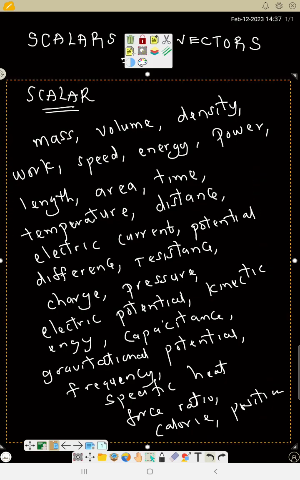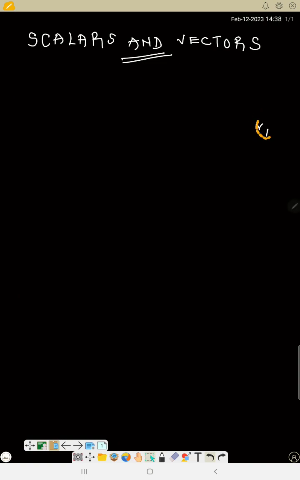Now there are some points you need to know on scalar quantities. Number one, you can take note of the point. Scalar quantities obey simple laws of algebra.